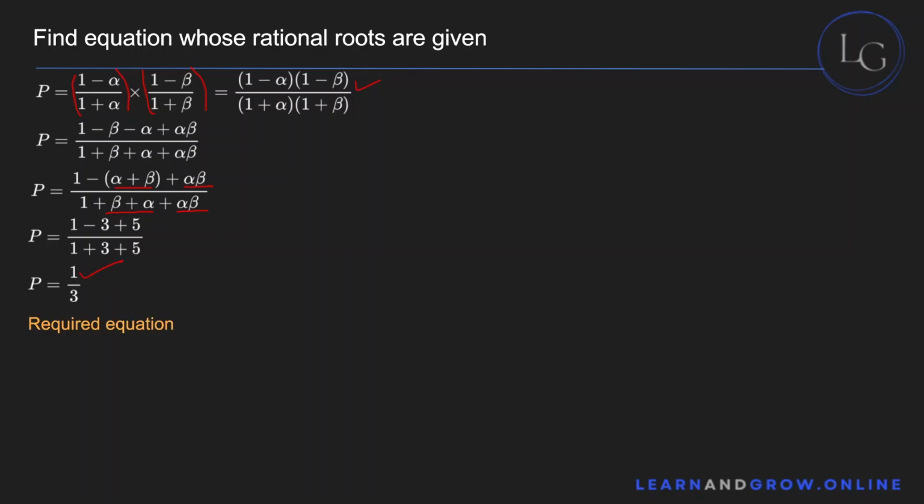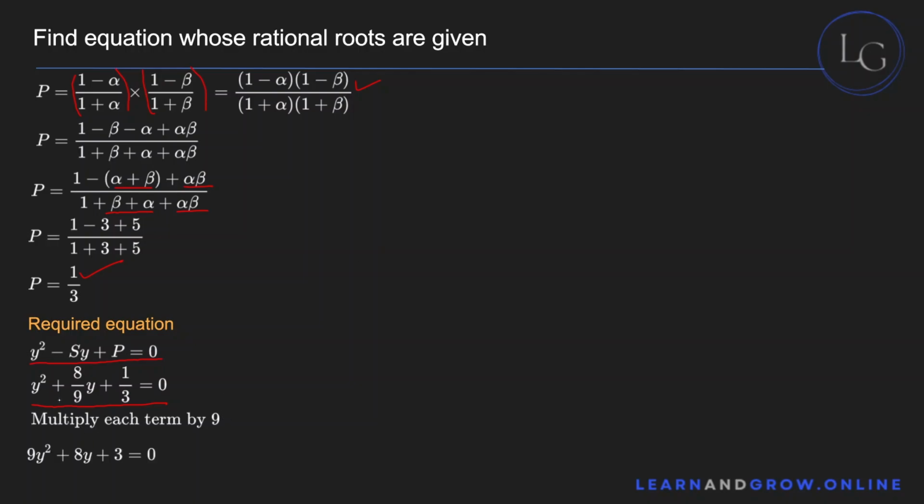Now, as you remember, the way to find the quadratic equation is y square is equal to minus s y plus p. We found s and p. So this is basically the quadratic equation. And to give it a more formal look, you'll just multiply each term with 9, and that'll give you this.